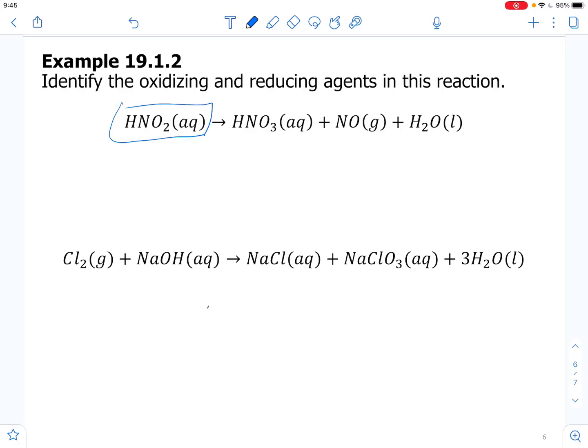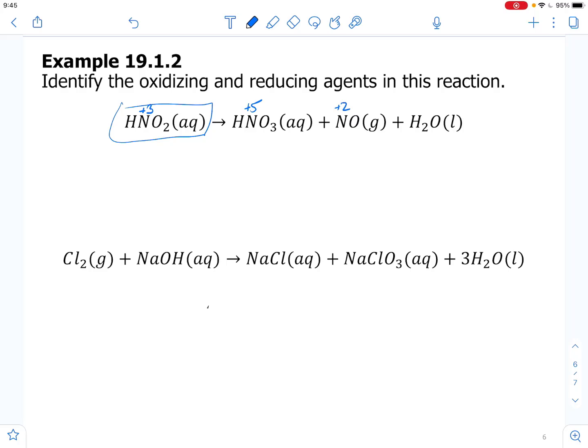So in here in nitrous acid, we have that nitrogen has an oxidation number of +3. In nitric acid, that is +5, and in nitrogen monoxide, this is +2. Okay, so nothing to really look for in the other things. Hydrogen and oxygen keep their own oxidation number, so I leave that up to you to figure out.